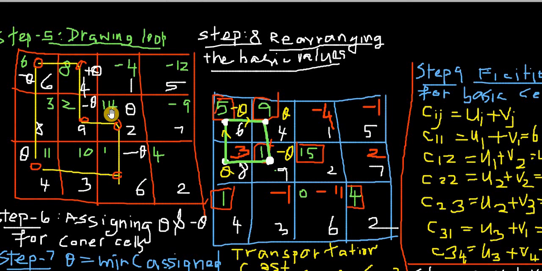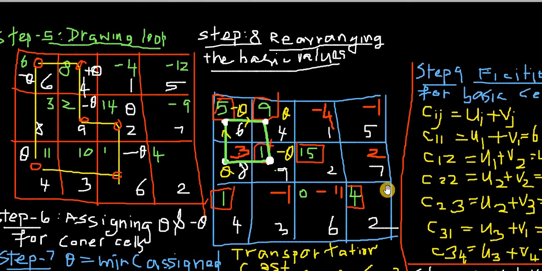Here basic value is 14, so 14 plus 1, 15. Here basic value is 1 minus theta value 1, 1 minus 1 equals 0. So this is the new assigned value for the given problem.